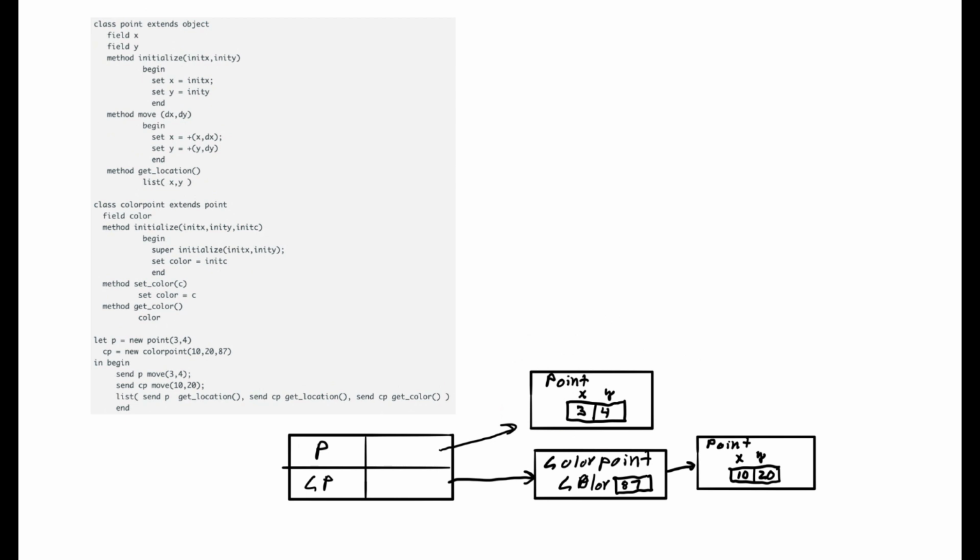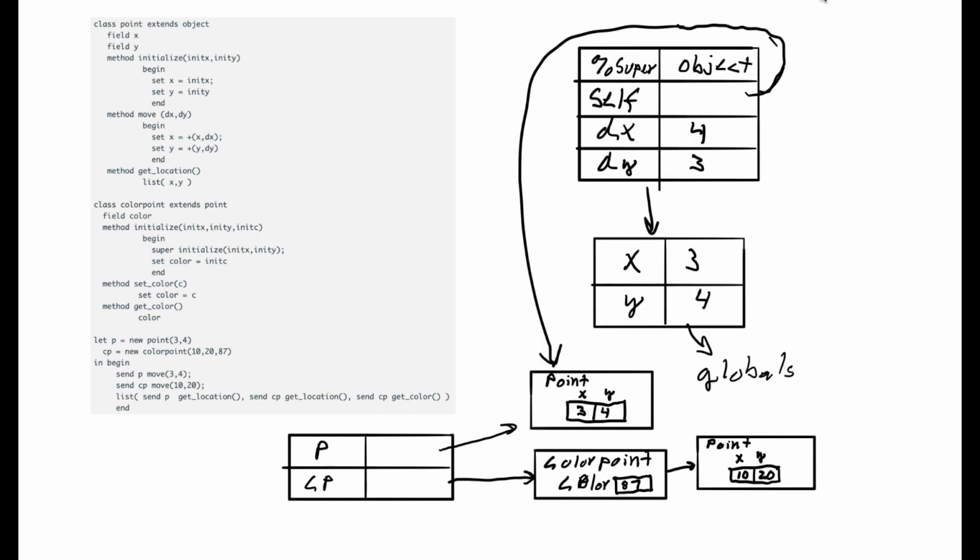So we need to create an environment that has x and y in scope. It also has the parameters that are being passed in, dx and dy. So when we call this method, out of this information, we need to construct an environment that we can run the method in. So this is the environment that would get constructed when we call move and pass in 3 and 4.